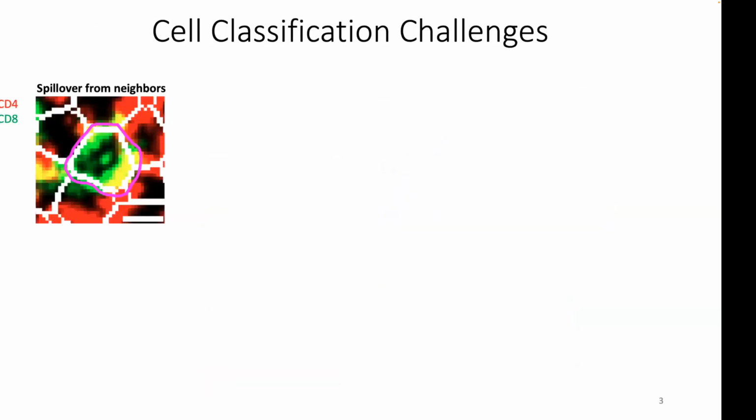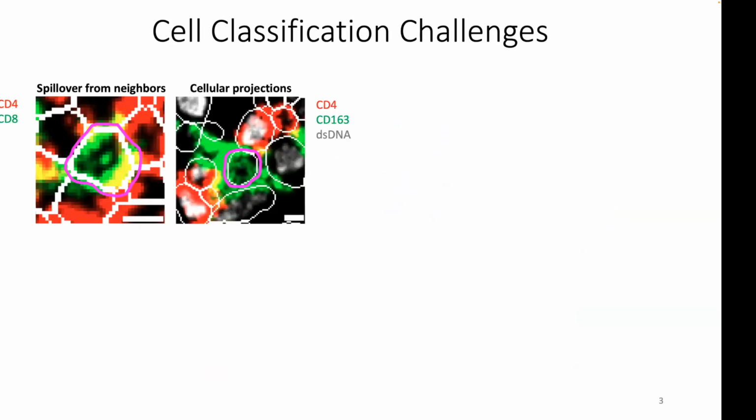But what makes cell classification so challenging? Unlike isolated cells, in our tissues we have cells that are densely packed and they're in 3D. We get a 2D slice, this image, and there's a lot of spillover of the signal and overlapping between neighboring cells. There are also cellular projections, which can go around neighbors.